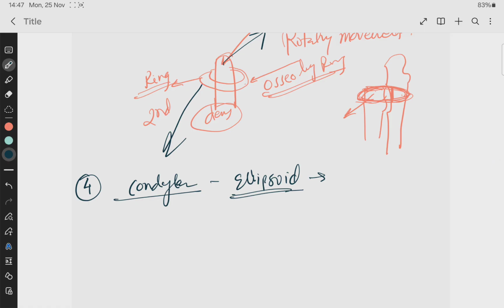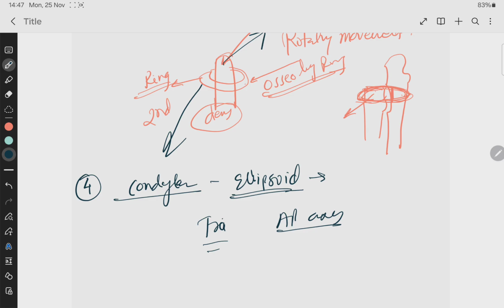So it has a convex surface of one bone articulating with the elliptical concave surface of the other bone. The movements are permitted at two axes, so it is called biaxial. So there occurs flexion and extension at a transverse axis, and abduction and adduction occurs at an antero-posterior axis.